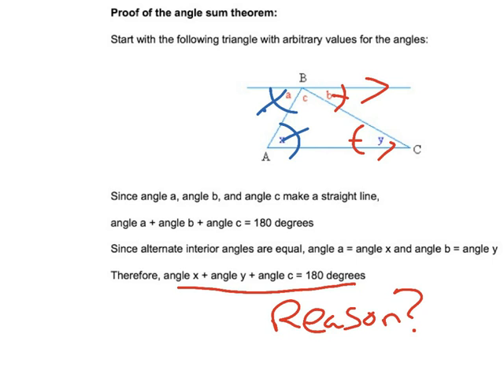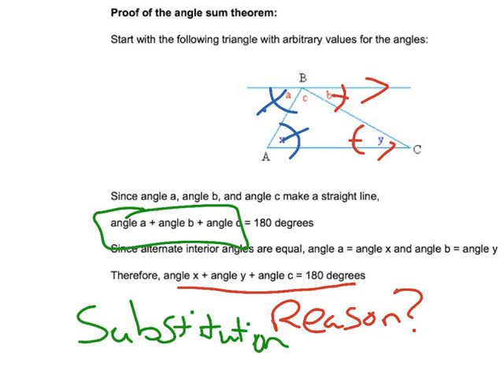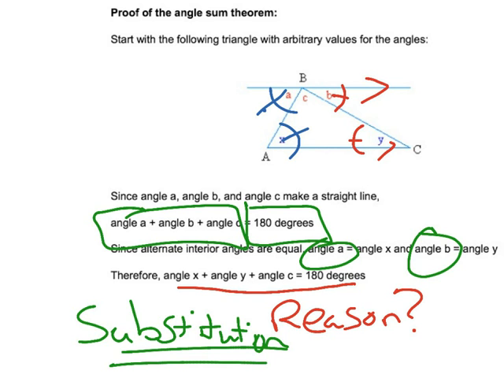I believe the thing that's missing is the reason, which is substitution, because you're taking this 180 degrees right here and substituting in angle A and angle B in place of angle X and angle Y. That would be a valid reason.